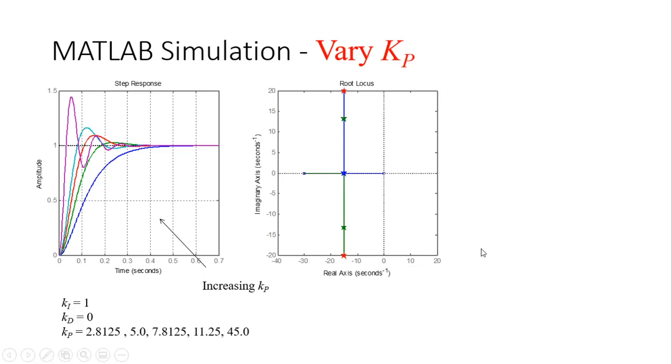So as long as they're underdamped, the settling time stays the same. When they're overdamped, when the roots are on the real axis, the dominant root takes over, right? As the dominant root moves to the left, it becomes faster and faster, up to a point, and then what happens?